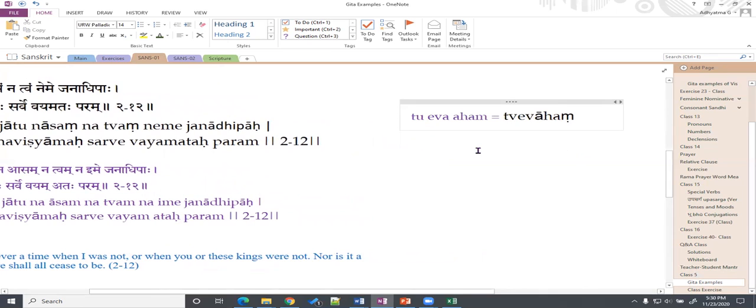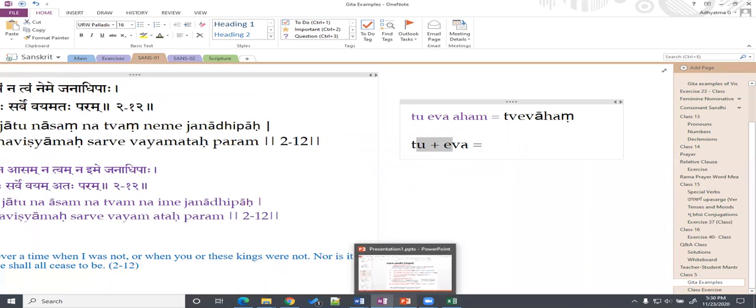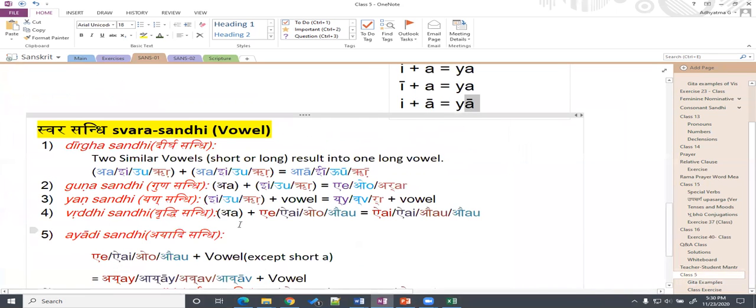So essentially two different Sandhis are taking place. First, Tu plus Eva: the Sandhi is happening between Ukara and Ekara, because the rule says the second vowel could be any dissimilar vowel, and the first vowel, Ukara, would change into Vakara.